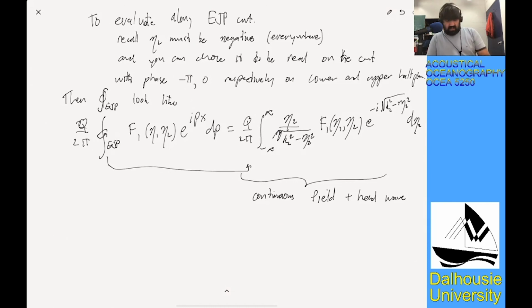And what is this continuous field? How do you summarize it? What is it made up of? It's the steep energy. Okay, so basically energy that's propagating directly into the bottom. This is steep energy that penetrates the bottom.